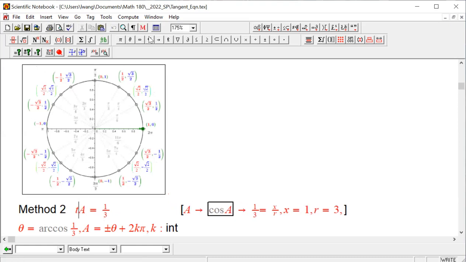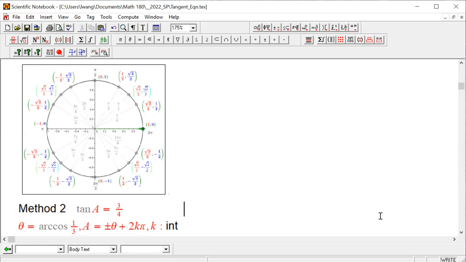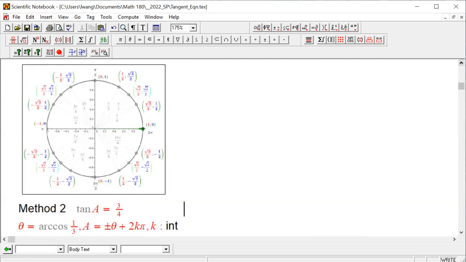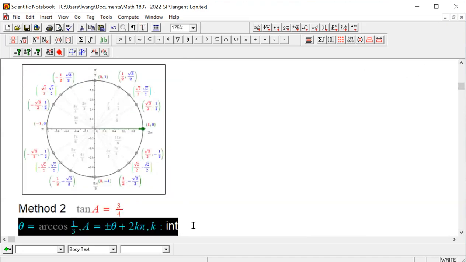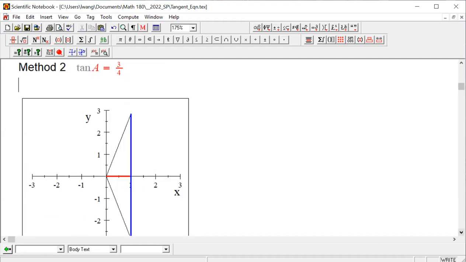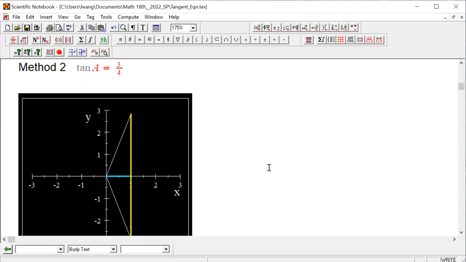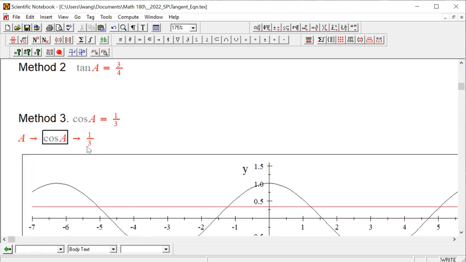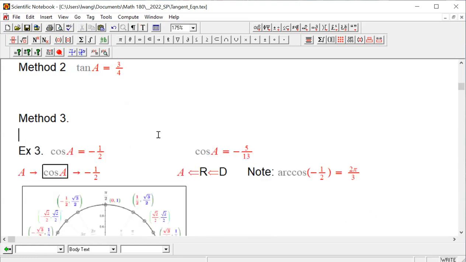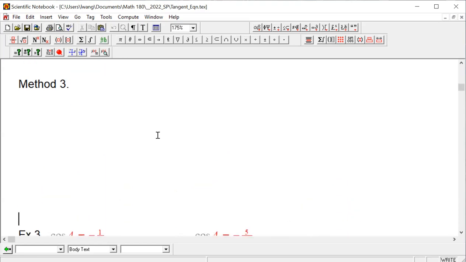So tangent A equals 3/4. Okay, let me do some tidying up. I still have these residuals from previous work because we still want to show how comparable these methods are, right? So I'm just going to put these away, and then we get to example 3.